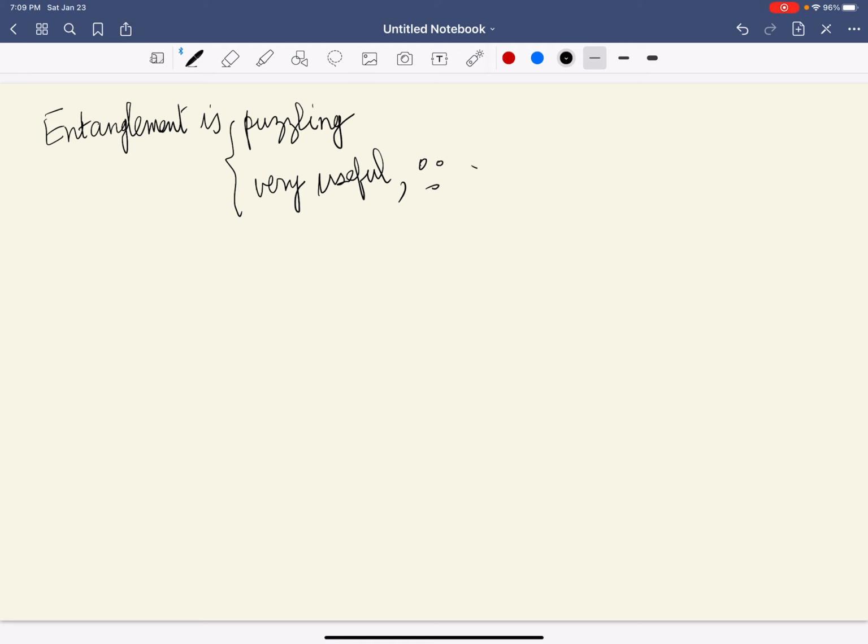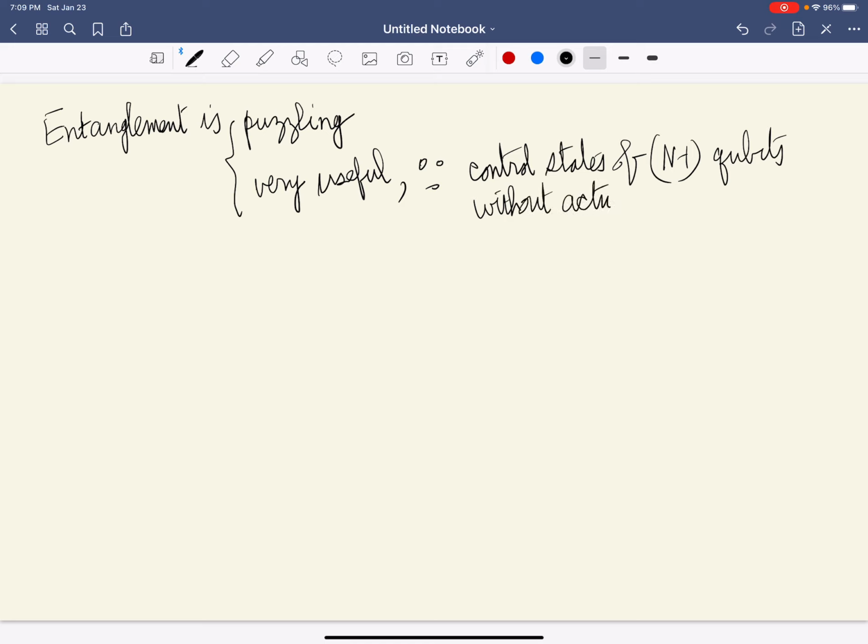Because you can control the states of the remaining n minus 1 qubits without actually controlling them, without actually touching them. Instead, all you have to touch is the state on the first qubit.